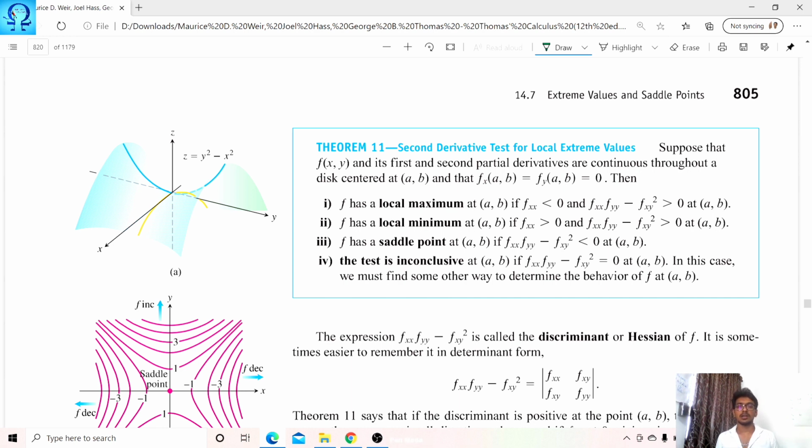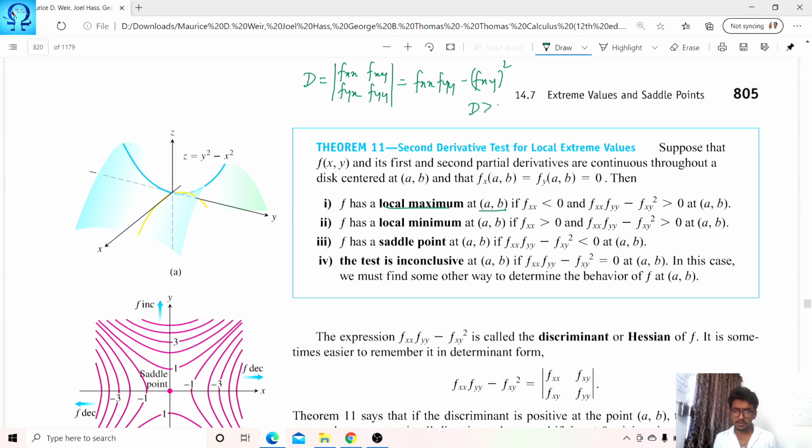And suppose the function has a local maximum at a particular point, then we will have to identify some value, so let me call that value D. That is the determinant of fxx, fxy, fyx, fyy. Here we are talking about continuous functions, so fxy and fyx are the same. This will give you fxx fyy minus fxy squared.